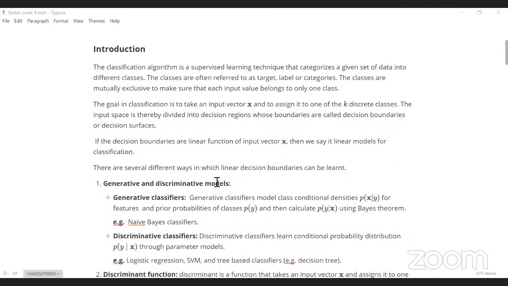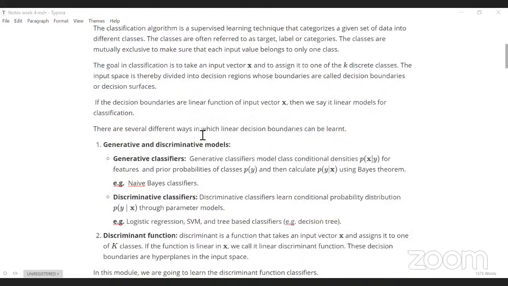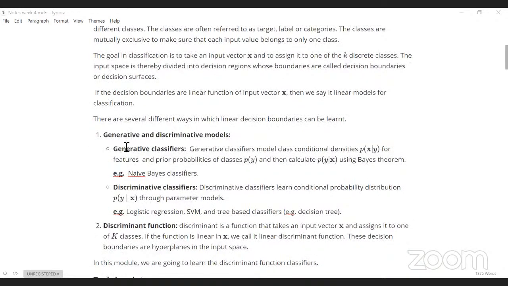There are different ways in which we can learn those decision boundaries. Depending upon the model, there are two types. One is generative and discriminative model. Second is discriminant function. In the generative and discriminative models, we learn the probabilities of y given x.